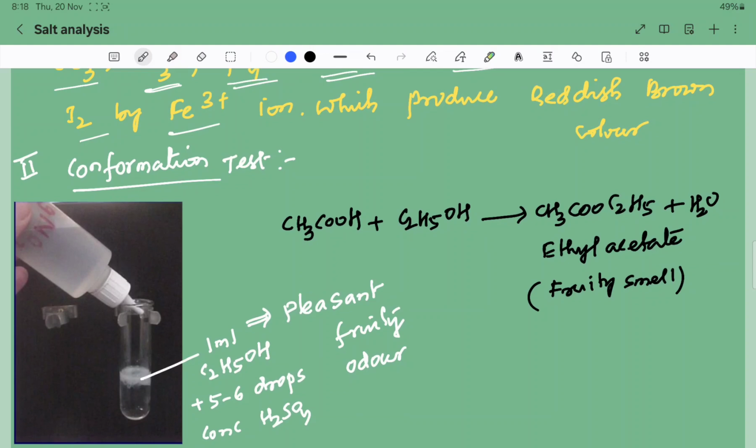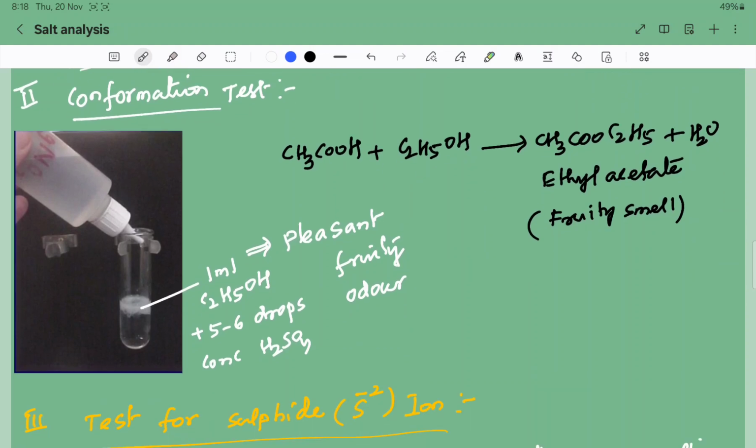Then the confirmation test for acetate. This is the general state, student. We studied this in practical organic chemistry, the identification of alcohol and of carboxylic acid. The same test we perform here. Take the salt solution, add 1 ml of ethyl alcohol and 5 to 6 drops of concentrated H2SO4.